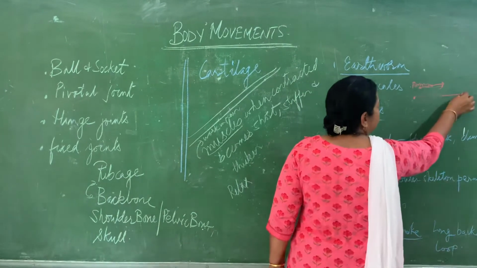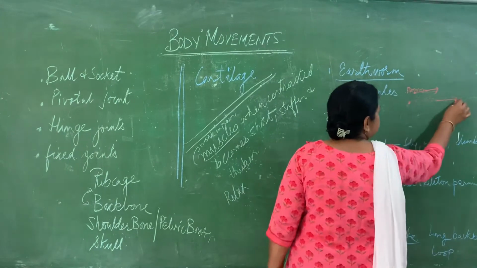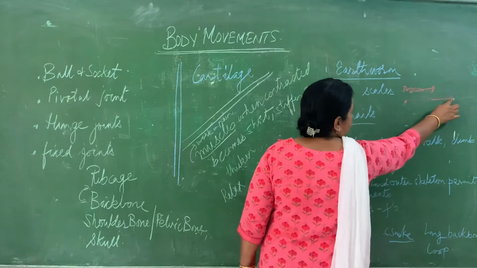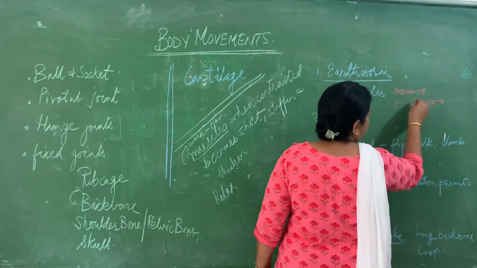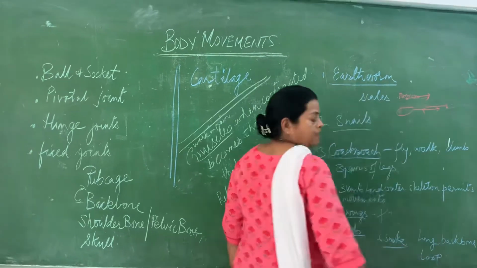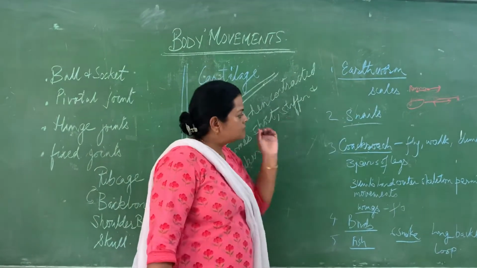The other part moves, the body becomes elongated, and then it sticks itself in front. It releases itself from behind and it contracts. So there is a movement of this much distance. This way it keeps on continuing. So is the case with the snake.